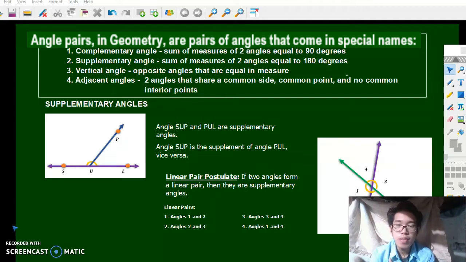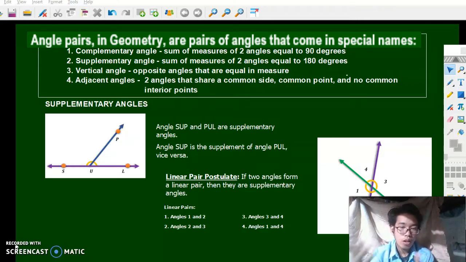Angle SUP is the supplement of angle PUL and vice versa. That simply means that the measurement of angle SUP combined with the measurement of angle PUL measures 180 degrees. Supplementary angles are two angles whose measurements sum to 180 degrees.